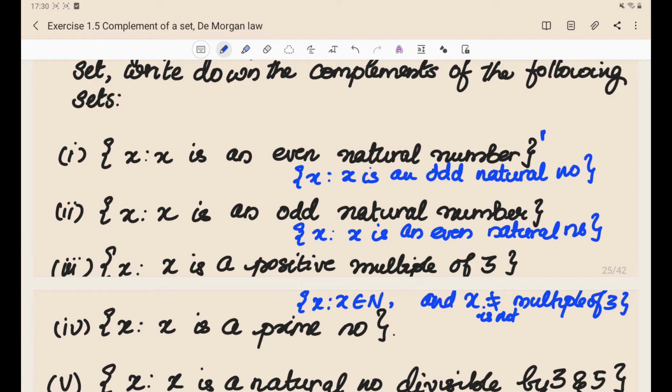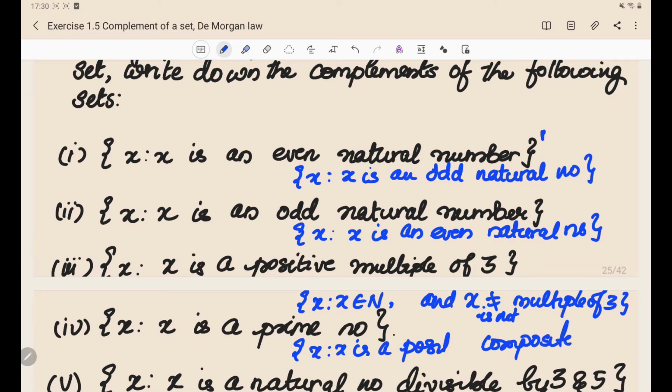So it's your convenience. {x : x is a prime number}. So what is the complement of that? {x : x is a positive composite number or x is equal to 1}.